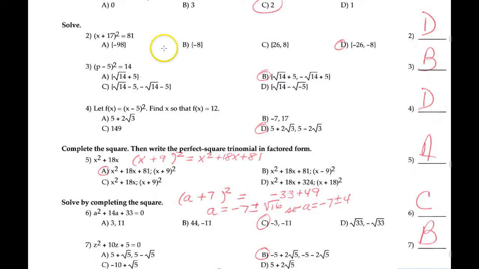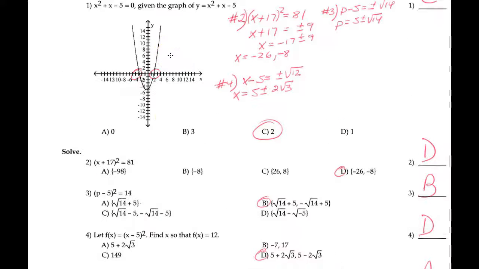Now, for number 2, we have the work up here, so we'll leave it showing. They want us to use the principle of square root to solve this. So if we take the square root of this side, as we indicate here, and the square root of the other side, this just becomes the radicand, and plus or minus the square root of that is 9.